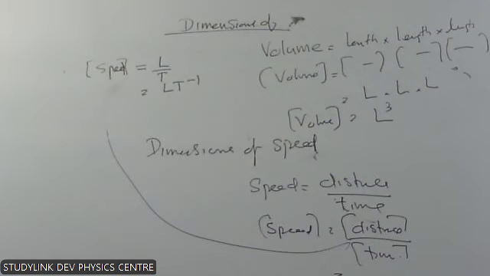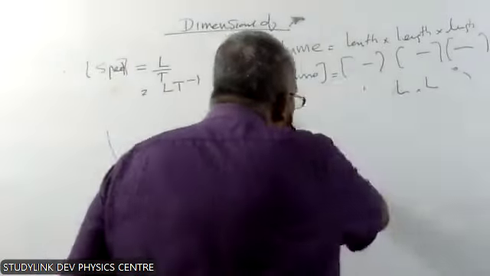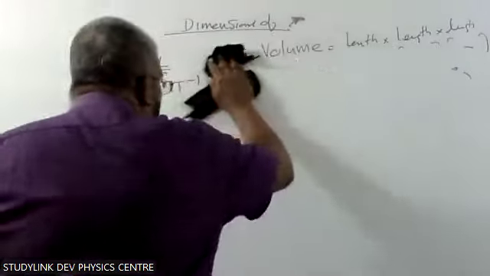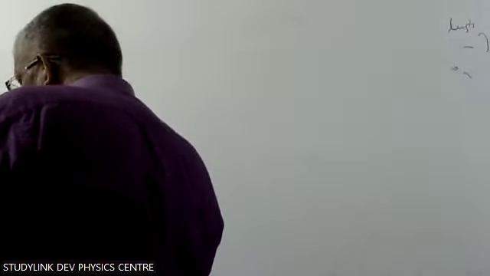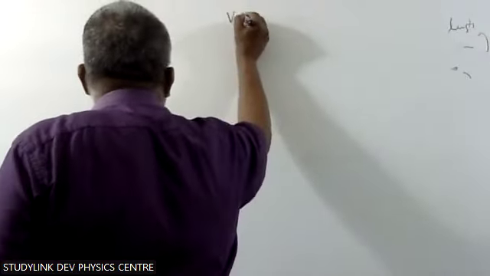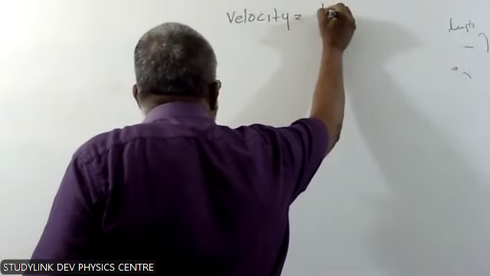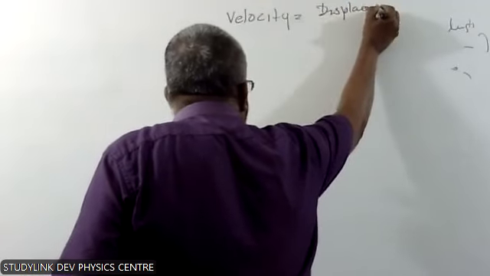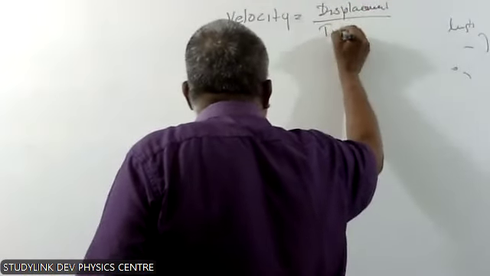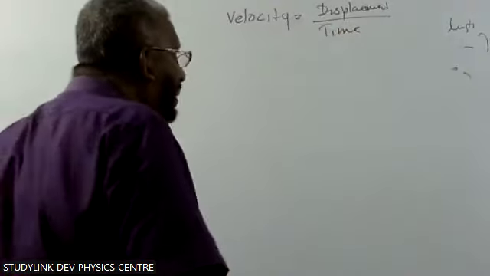Next one, velocity. Velocity is the same, just like speed. But in the definition, velocity is defined as displacement divided by time.